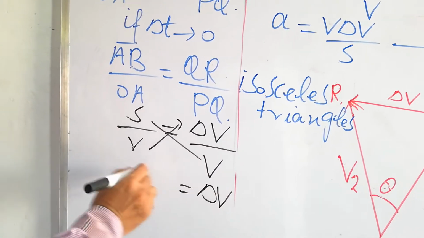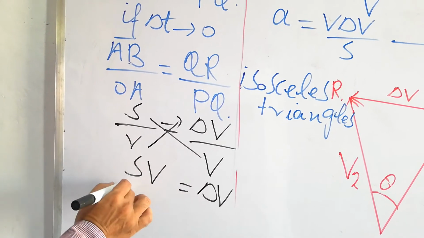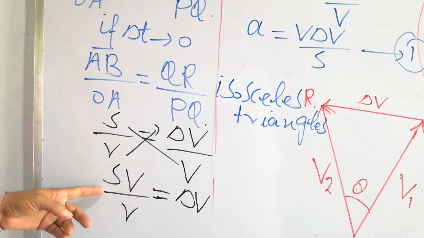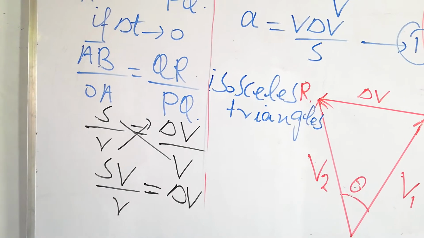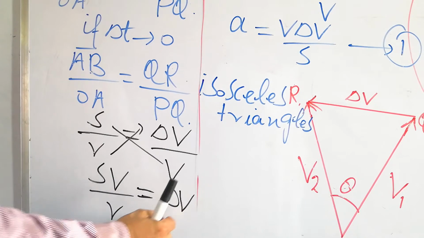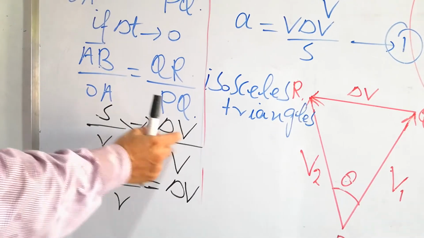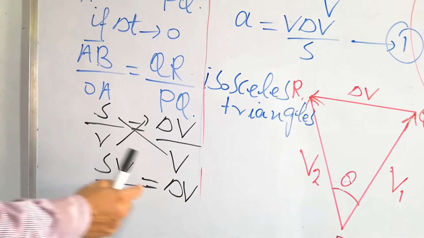Delta V will be equal to SV over R. So we get this value, cross multiplying S into V, you get SV, so that delta V is equal to SV over R.